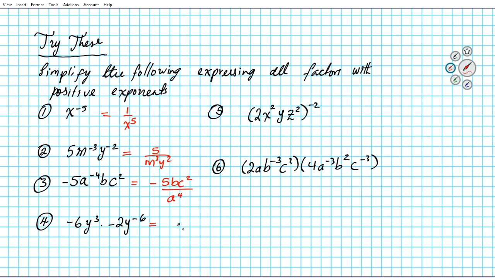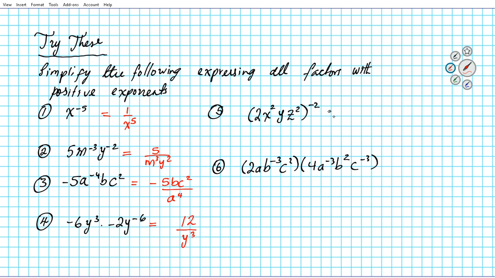And then for number 4, the answer is positive 12 over y to the 3rd power.